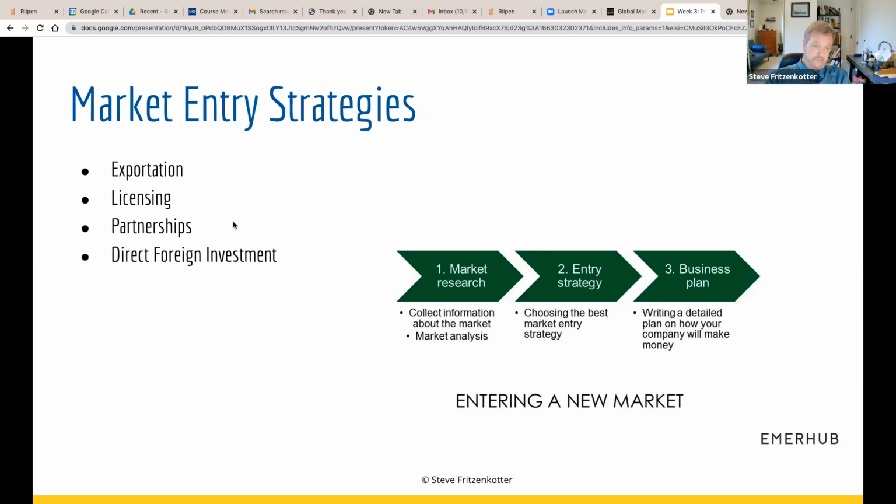Partnerships are a way to enter a market, and sometimes there are markets around the world where you have to partner with a local entity to be able to sell or to be able to manufacture or run your company in that market. So with partnerships, ideally, you want to take the best of both organizations and make a stronger overall organization.